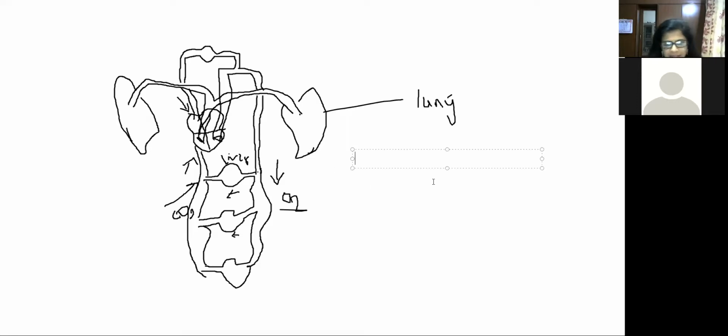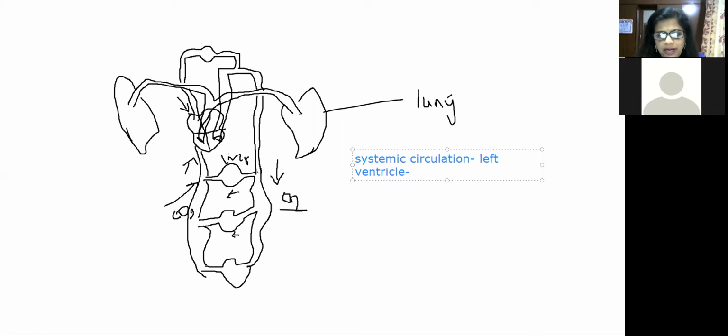First one is the systemic circulation. What are the systemic circulation portions? The route for systemic circulation starts from the left ventricle.